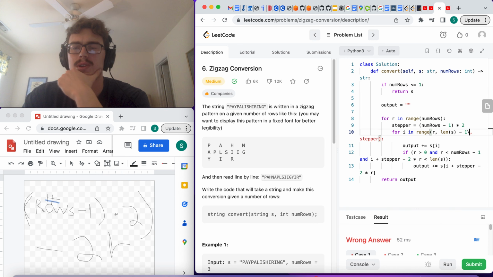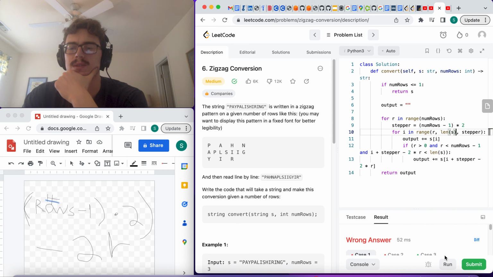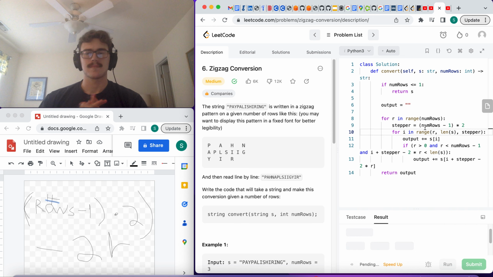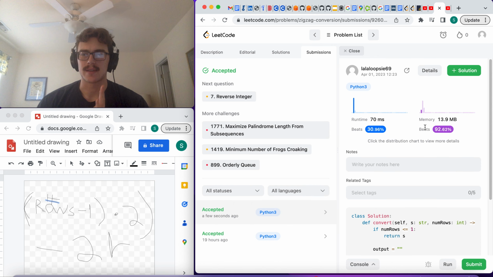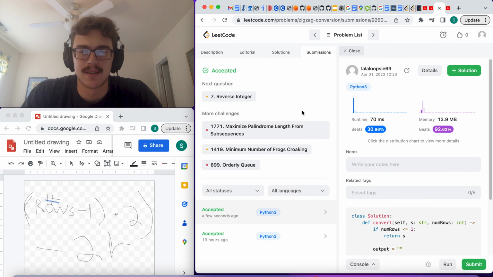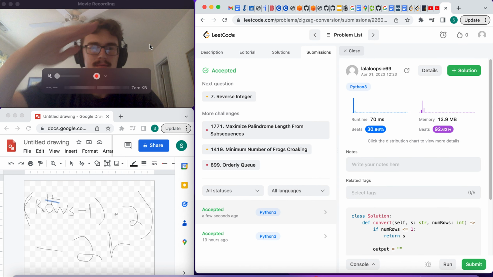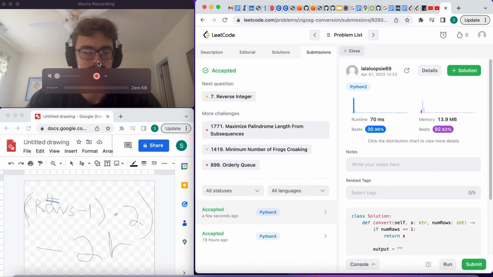So I'm stopping this one early. That's why we're missing the G. Okay. Cool. Okay, nice. Yeah, shout out, neat code. Let's see if I can remember.